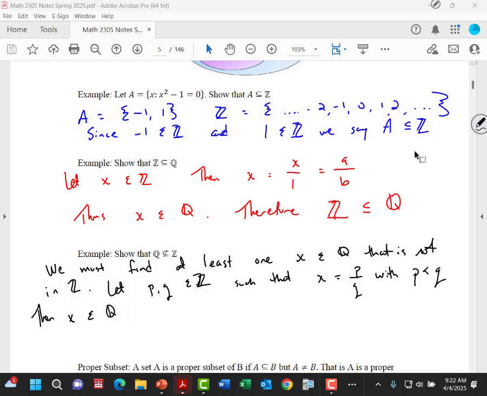I'm not going to get an integer out. So X is in Q, but X is not in Z. So Q is not a subset of Z, or I would simply say in words, the rationals are not a subset of the integers.